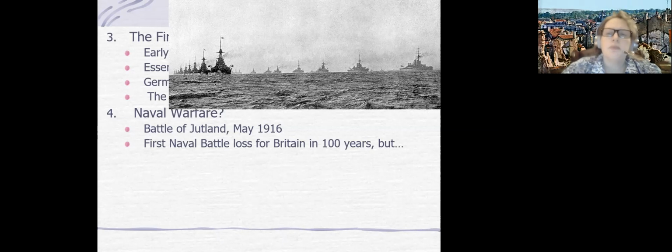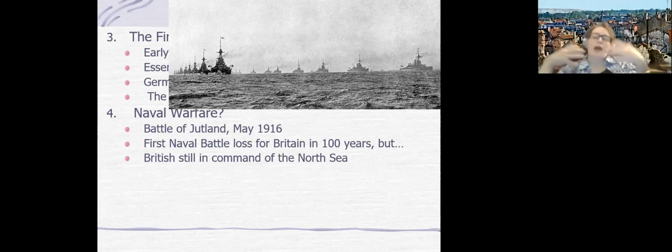The Germans actually beat the British, but they don't have enough left to follow up on the victory. And so the Germans actually have to retreat back to their ports along the North Sea. And the British simply call other portions of the fleet home from other places in the world. They call it home, and they still control the North Sea, even though they lost the battle.